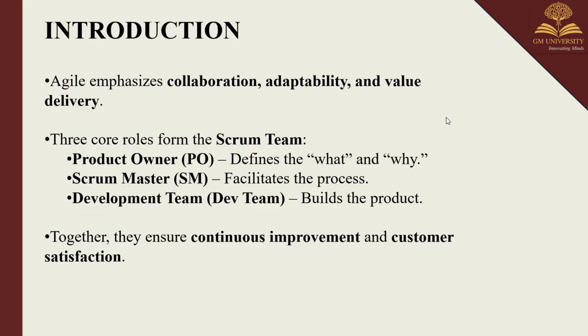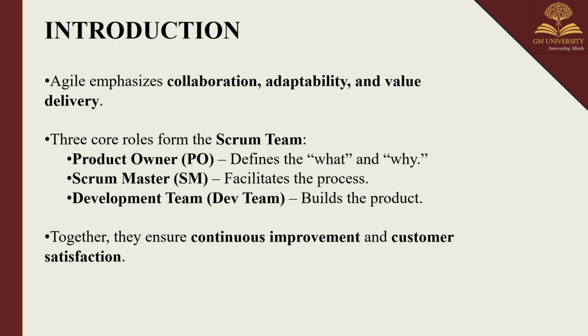Scrum is one of the most popular Agile methodologies. It operates through three distinct but interdependent roles, namely the product manager, the Scrum manager, and lastly the development team. Together, they promote transparency, adaptation, and inspection, which are key pillars of Agile.